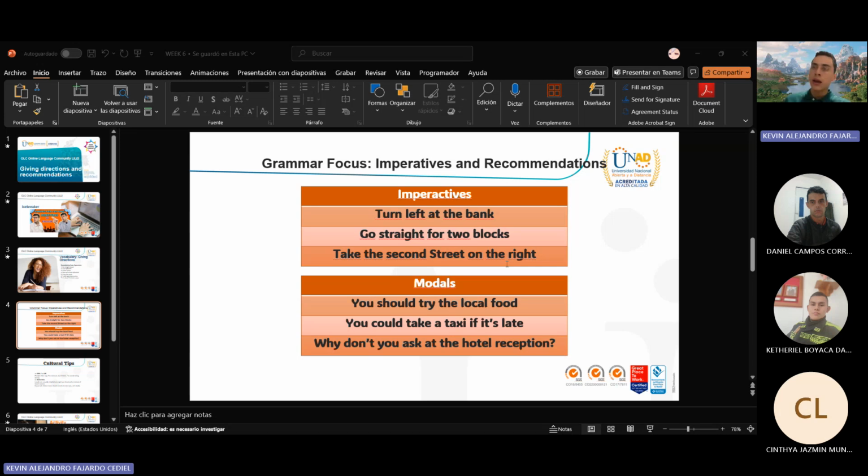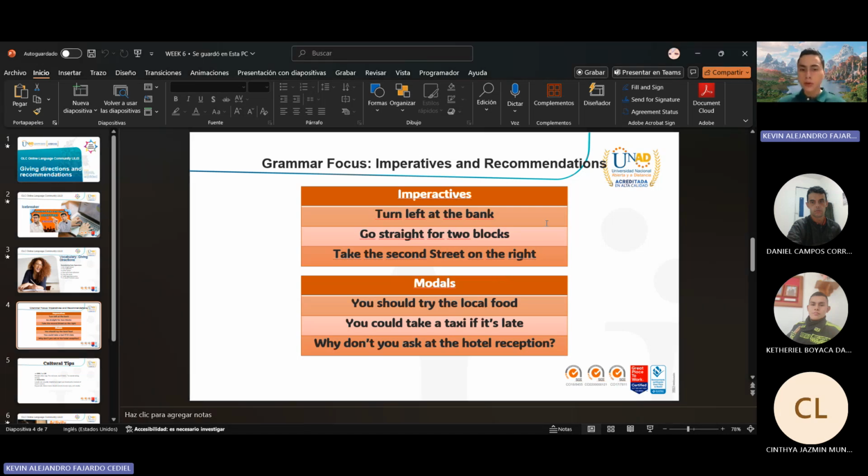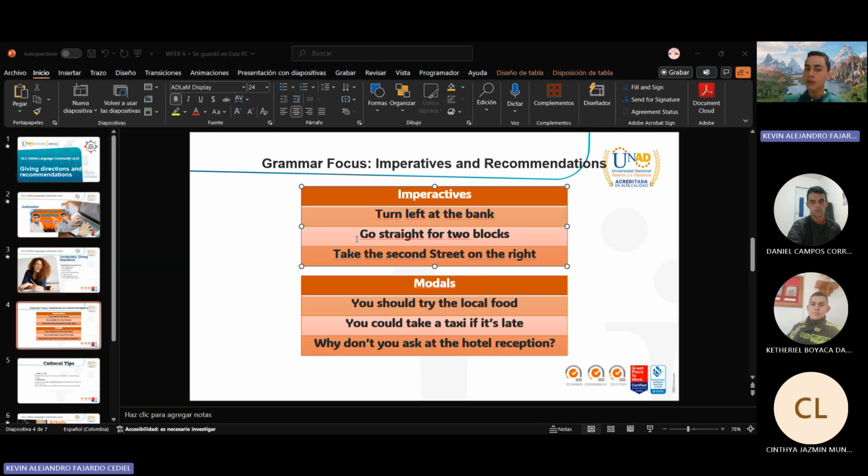We use the imperative to give instructions, to tell someone what to do and to give a step by step. This is very fast and clear, perfect for situations where someone needs help quickly. So the imperatives are: turn left, go straight, or take the second. Those are some commands that you can use.